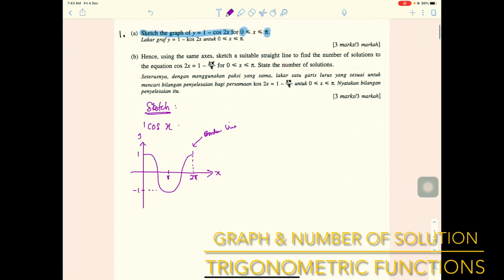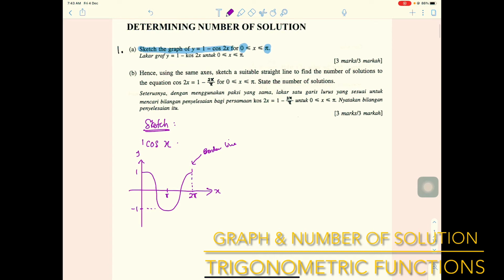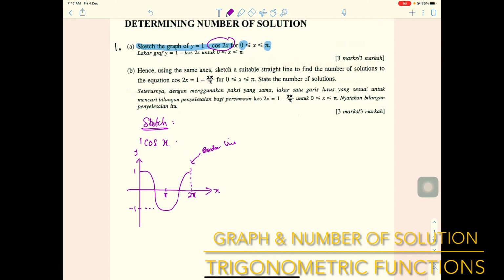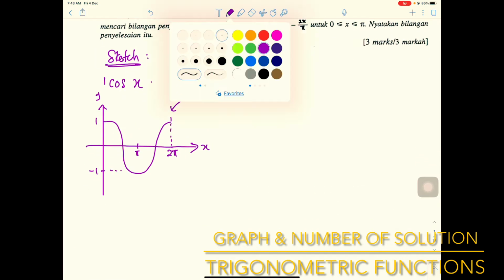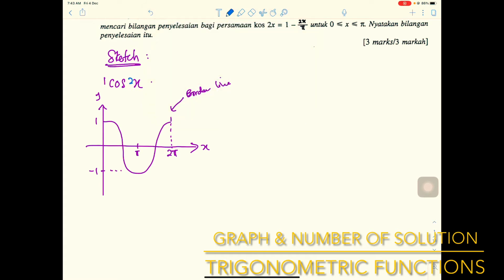Because the question asks you to sketch cos 2x, we must add another period, so add 2 pi, and then 3 pi and 4 pi.